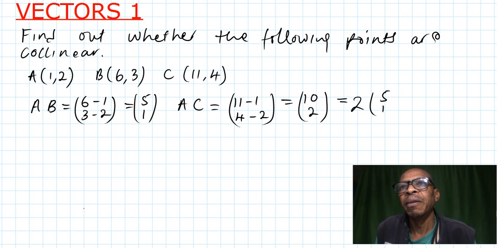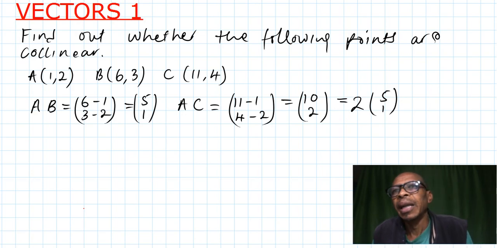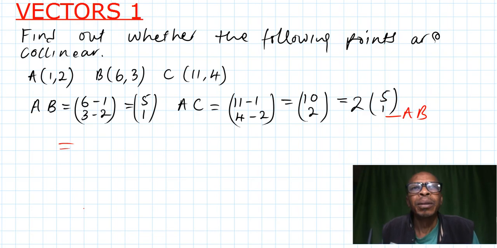When you open the bracket, you multiply. If you multiply 2 times 5, you get 10. If you multiply 2 times 1, you get 2. So we have not changed our vector. Since this vector here is AB, then we conclude that we can write AC is equals to 2AB.